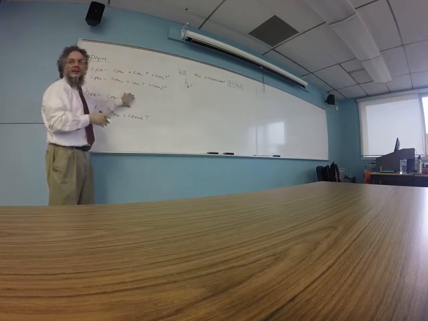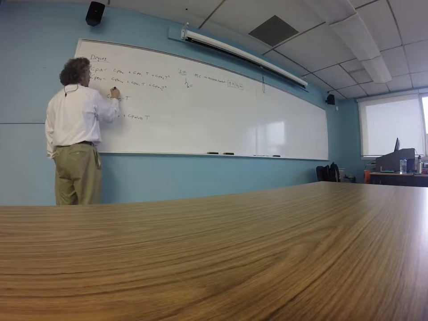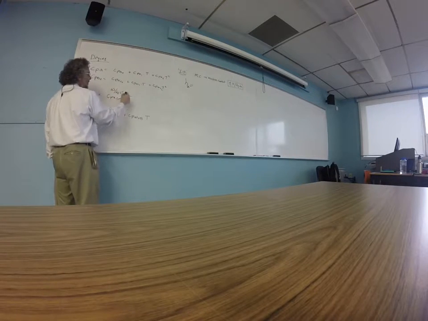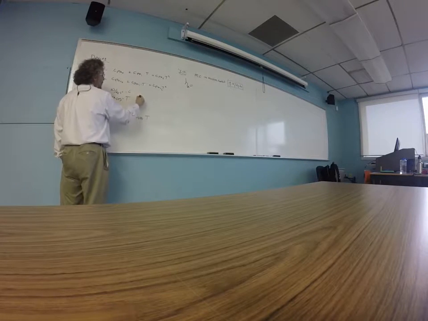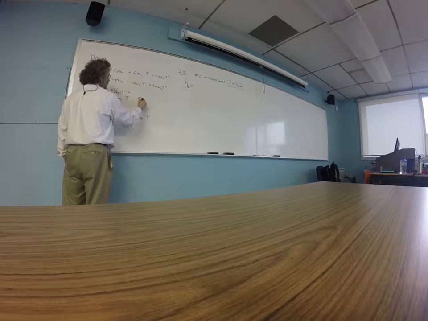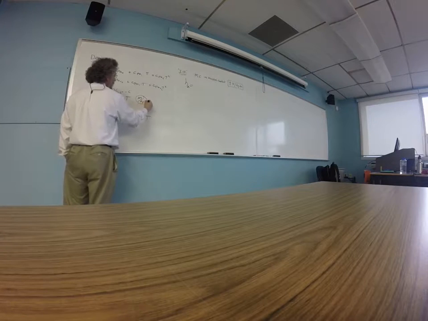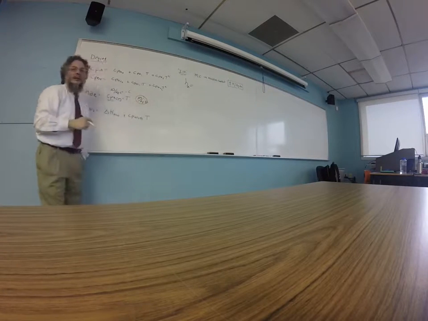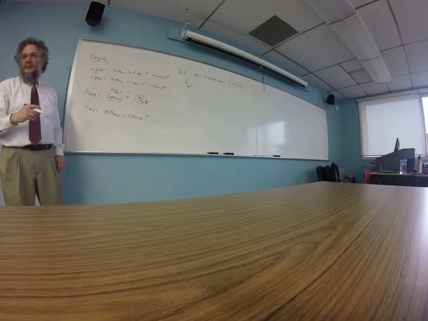We multiply by temperature, so these units are kilojoules per kilogram per Celsius degree. If we multiply by this T, which in reality is a delta T, then we get kilojoules per kilogram. But this is dry air, so this is per kilogram of dry air. And this is per kilogram of water vapor.